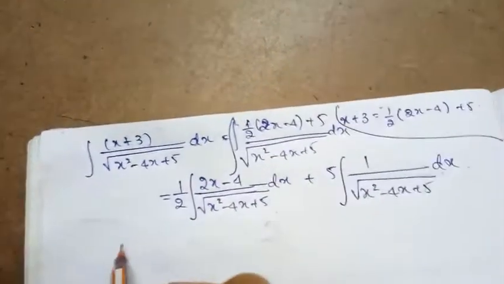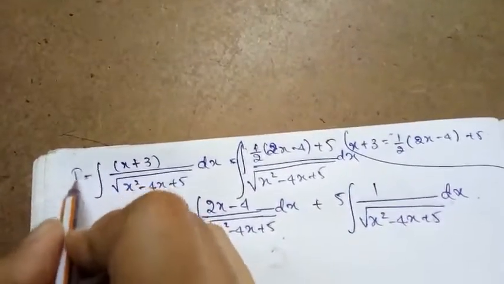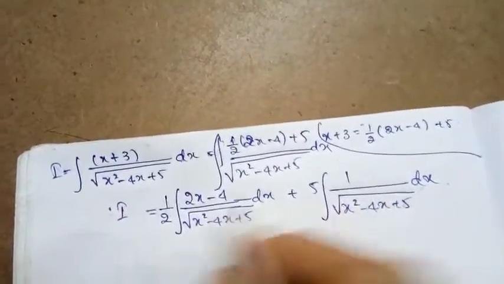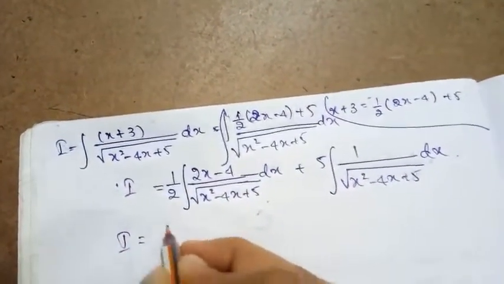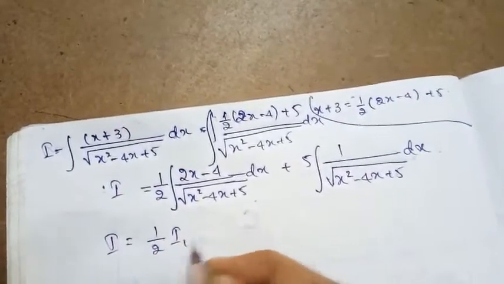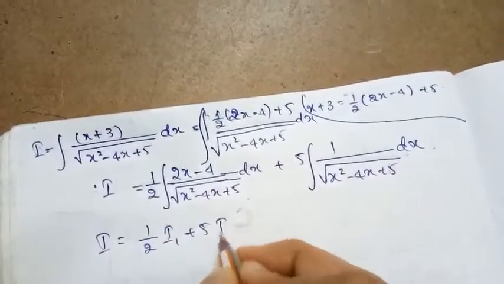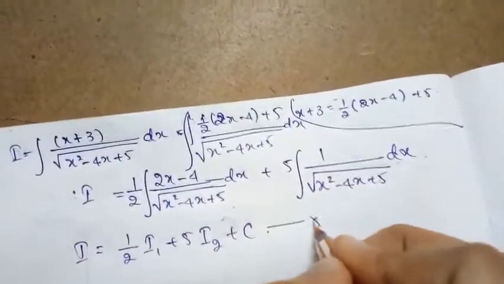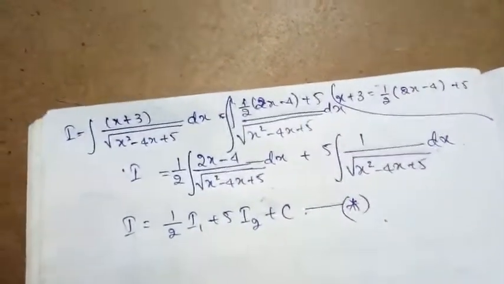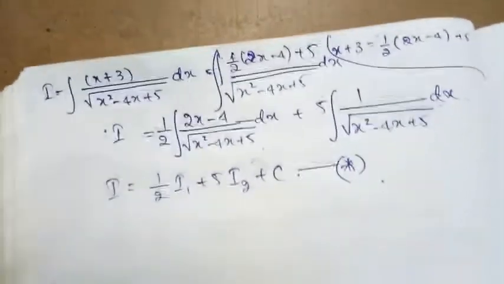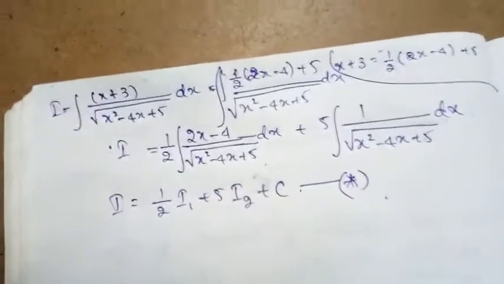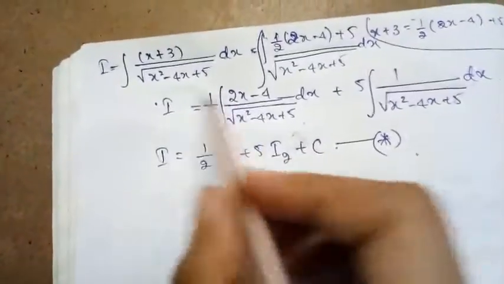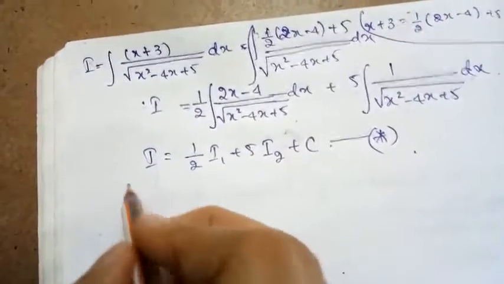If I call this one as I, now we are having two integrals, so I is equal to 1 by 2 times I1 plus 5 times I2 plus C. I'll call this equation big star. If I get the value of I1 and I2 and substitute back in this star, then that is the integral of the given question.